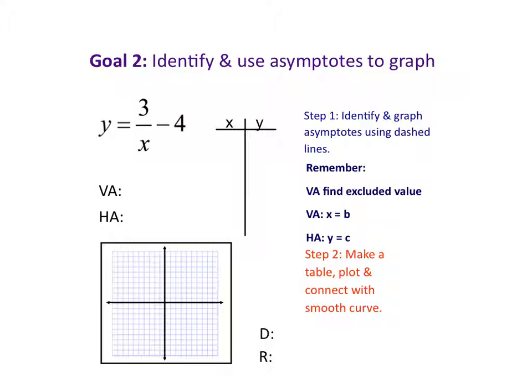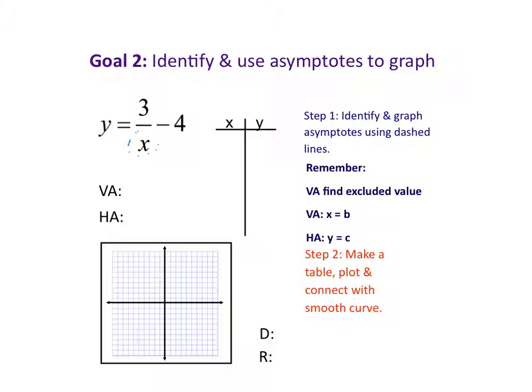All right, and now our goal number 2 is to identify and use our asymptotes to graph. Okay, so step 1 says identify and graph the asymptotes using dashed lines. Remember, the vertical asymptote is finding the excluded value. That is at x equals b, and the horizontal asymptote is at y equals c. So let's look at our asymptotes right now. I'm going to find the vertical asymptote. So I'm going to set my denominator equal to 0 and solve.